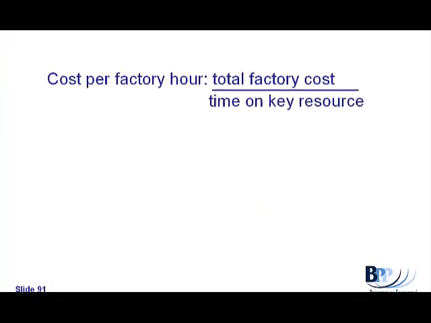So if we then have a look at our cost per hour, remember that's our total factory cost over the time on our key resource. Now in terms of the cost that we've got here, we've got our labour and overhead, which are 5,500 and $8,000 per week. And then the other costs that we've got here are our fixed production costs. Now we're told those are $450,000 per annum.